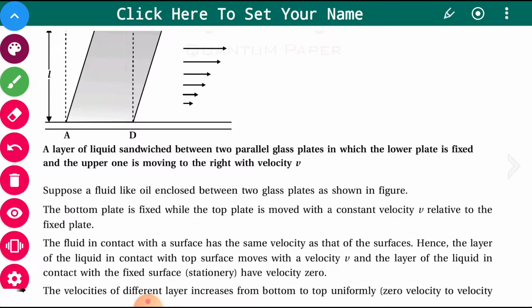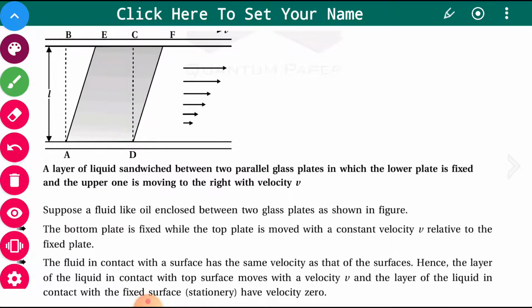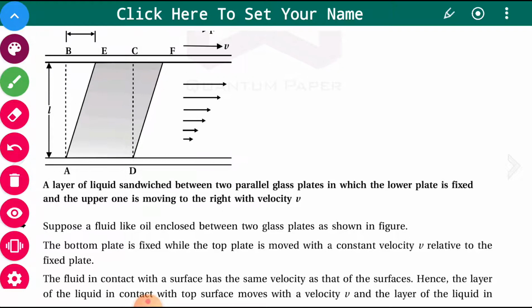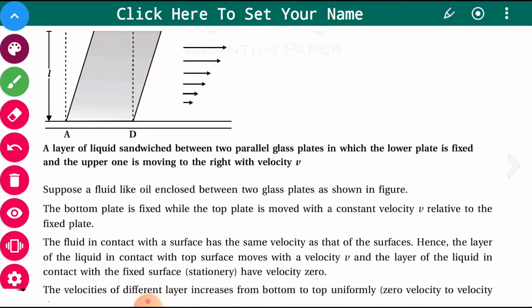Now suppose a fluid like oil is enclosed between two glass plates as shown in this figure. Try to understand. There are two glass plates, and there is oil between these two glass plates. The bottom plate is fixed, while the top plate is moved with constant velocity v relative to the fixed plate.